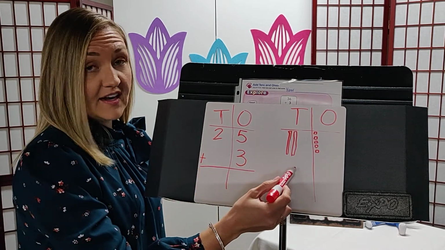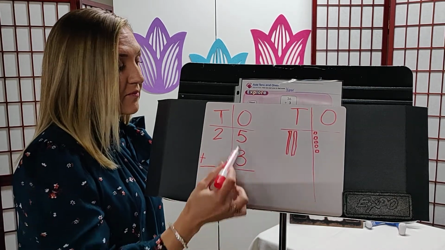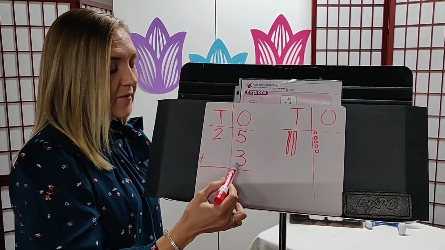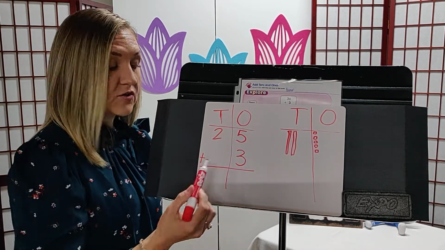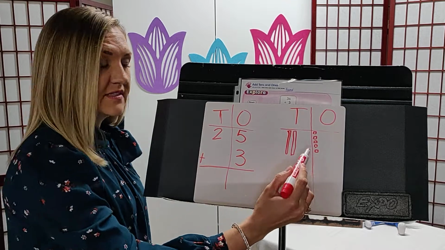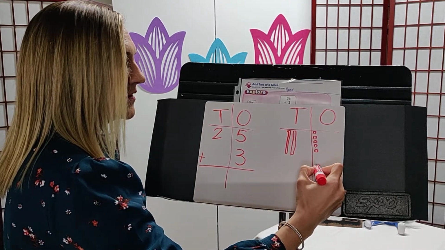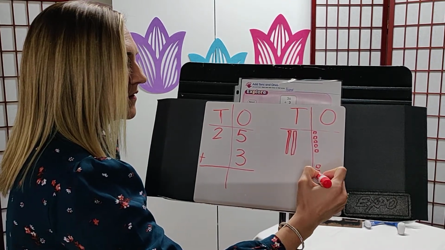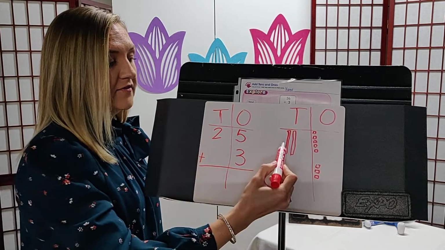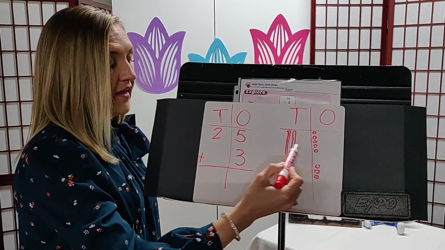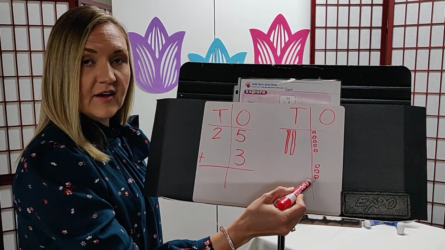There's nothing that I need to draw there. But in my ones column, 3 represents 3 ones cubes. So I'm going to draw 3 ones cubes down below. Okay, so I have 25 shown up here at the top, and then I have 3 shown down below.